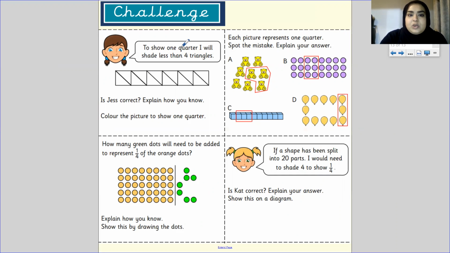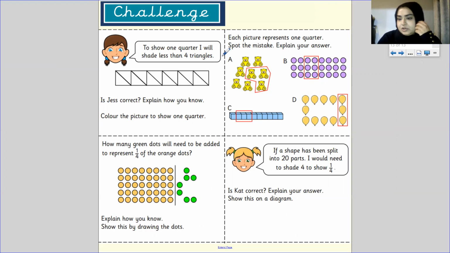It says, to show 1/4, I will shade less than 4 triangles. Is it correct? Explain how you know. Then you need to color the picture to show 1/4. Over here it says each picture represents 1/4. Spot the mistake and explain your answer. So that's your challenge.